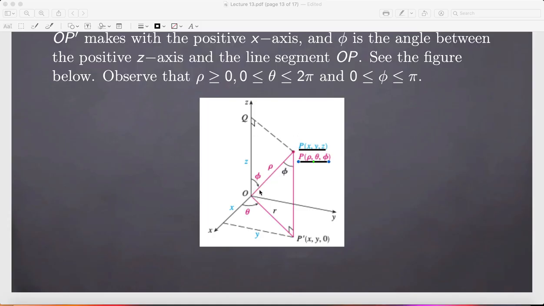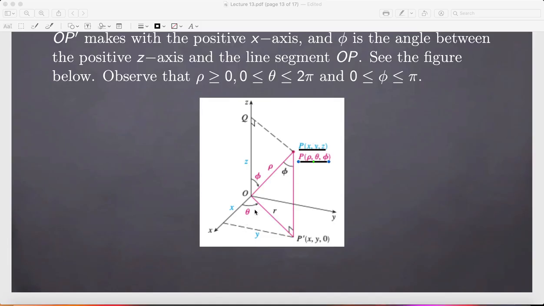So you imagine a point and first look at its distance, then this angle theta in the xy plane, and then another angle. If I give you these three components, rho, theta and phi, you can completely determine the point, and vice versa. So this is another way of representing a point in space.